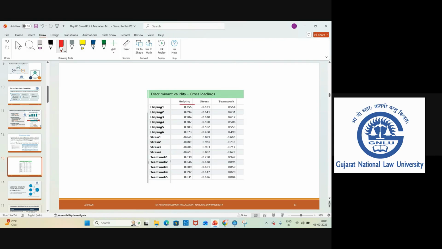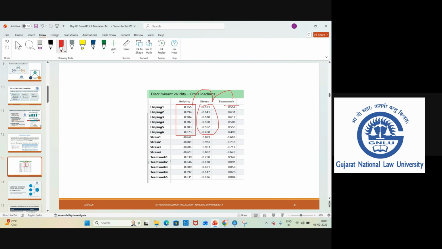If you look at this particular construct, helping behavior wise, all the indicators have high correlation. They are strongly correlated within the construct. But if you compare this helping behavior with other constructs, you can see that these particular values are less than the helping behavior construct.